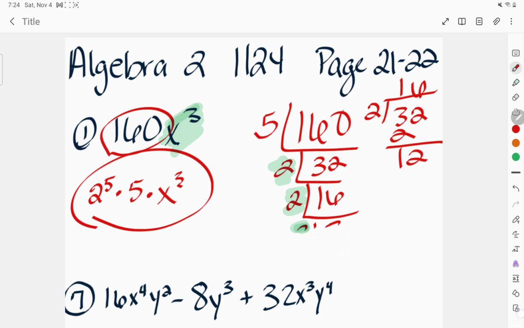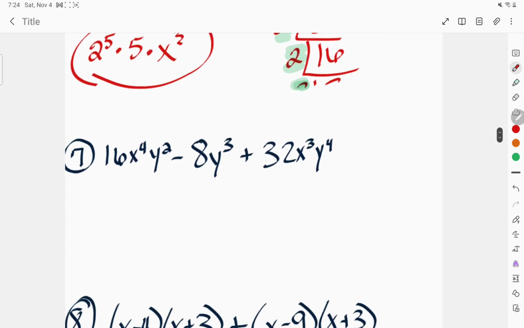I'm going to erase that because it was running over into my other problem. Okay. So now what you're wanting to do is factor out the greatest common factor between these, okay? So my terms that I've got are 16, 8, and 32. So what do you recognize between all three of those?